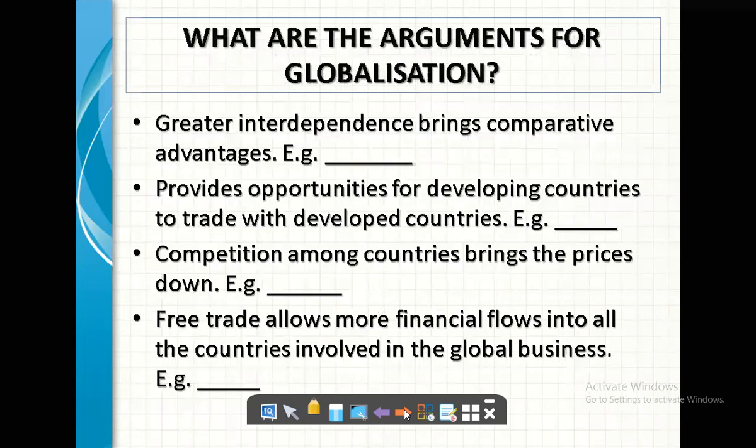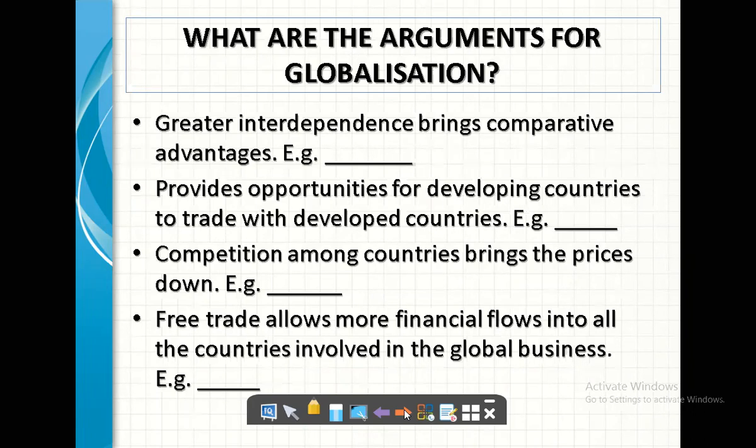So that brings us to the arguments for and against globalization. We are going to look at 4 arguments for globalization first. The first one is greater interdependence brings comparative advantages. After we have studied comparative advantages, let's come up with an example where we have greater interdependence on another economy to produce what we can produce, because they have the comparative advantage.